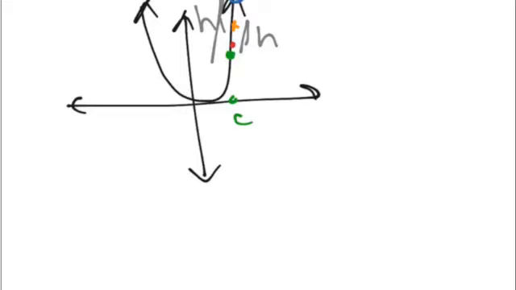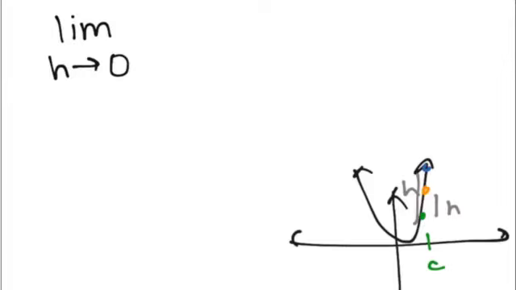So, I don't know about you guys, but that sounds to me like we are going to be using limits. So, the limit as h approaches 0 is going to give us that slope at point C, that derivative that we want. So the most important thing to remember here is not to overcomplicate things.